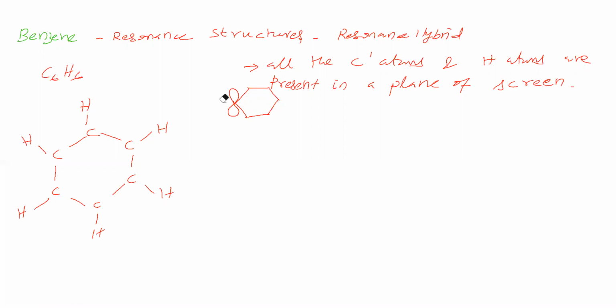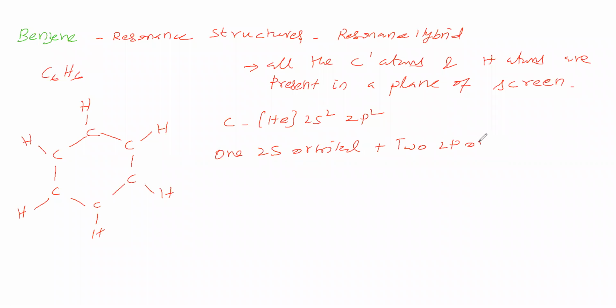Now, what hybridization does carbon undergo, that we'll see. What is the electronic configuration of this carbon? It is helium 2s2 2p2. Now this carbon is having 3 sigma bonds, therefore it is providing 3 hybrid orbitals for bonding. So one 2s orbital plus 2 2p orbitals undergo intermixing.